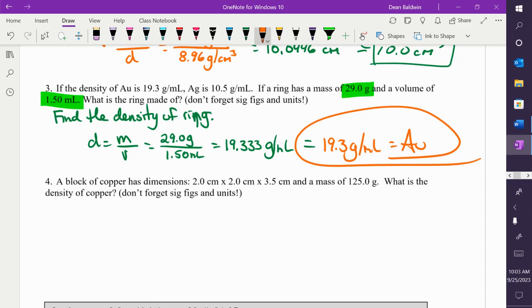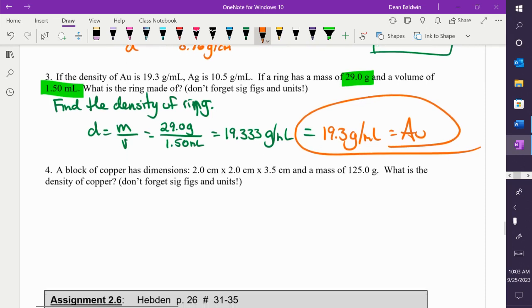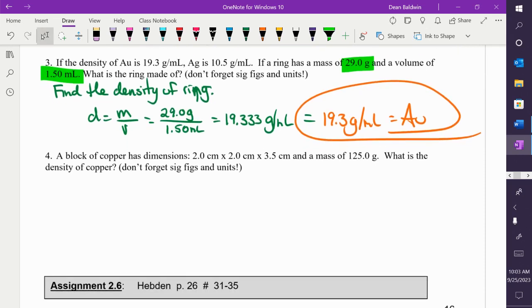Okay. Last question. A block of copper. So you get a chunk of copper. It's 2 centimeters by 2 centimeters by 3.5 centimeters. You don't have to draw this, but essentially you've got a cube that is 2, 2, and 3.5.